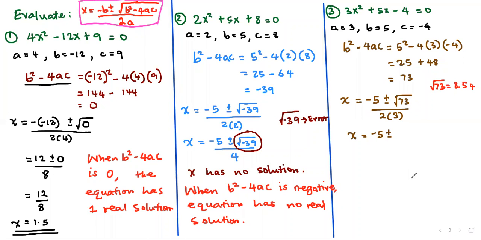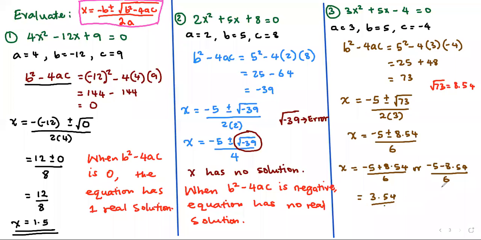You see, already we are getting 2 solutions. So x is equal to minus 5 plus 8.54, which gives you 3.54, and you divide it by 6. Or minus 5 minus 8.54, which gives you minus 13.54 over 6.